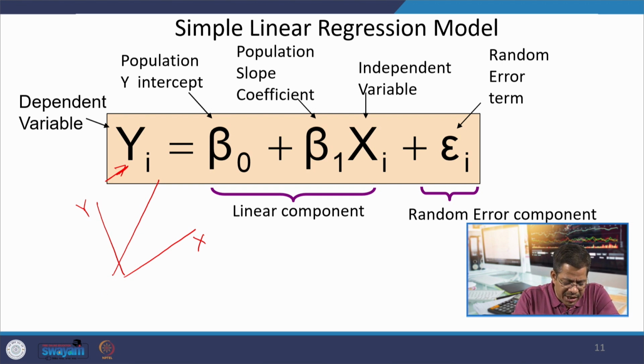Now, this line is intercepting the y axis here. This interception of the y axis is beta naught, which I was earlier calling c also. Then there is a coefficient of the slope of x, and then there is a random error term also.